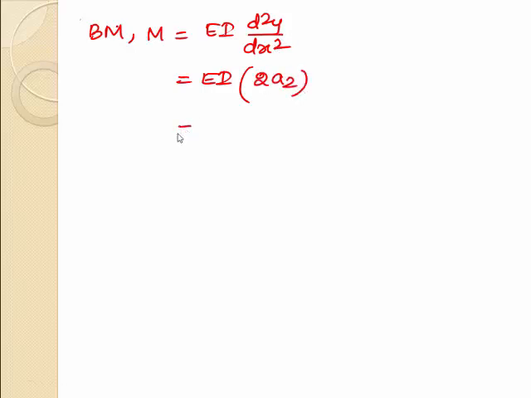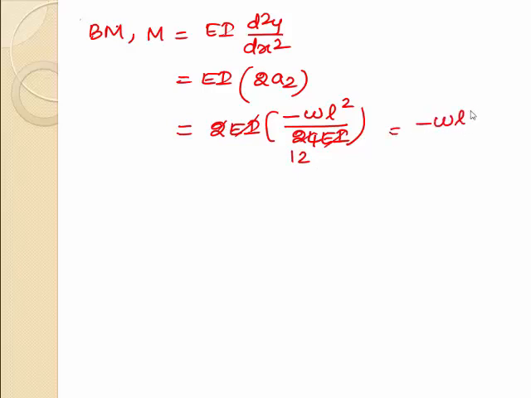We have calculated the value of a2 as minus WL square divided by 24EI. So we can cancel these two terms, 2, 12. So minus WL square divided by 12. So the actual formula for this case is minus WL square divided by 8.